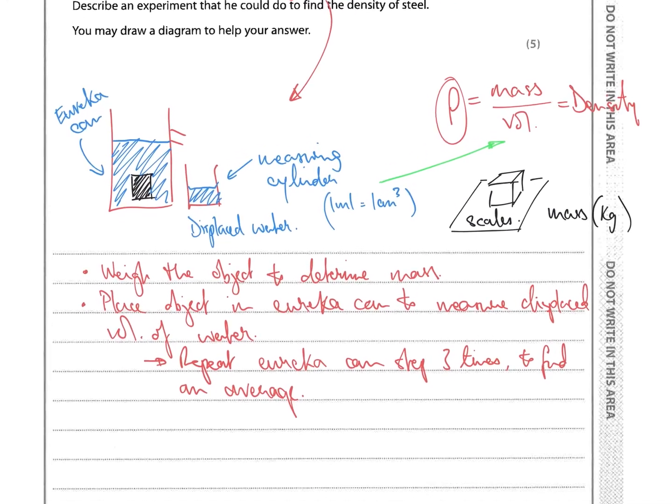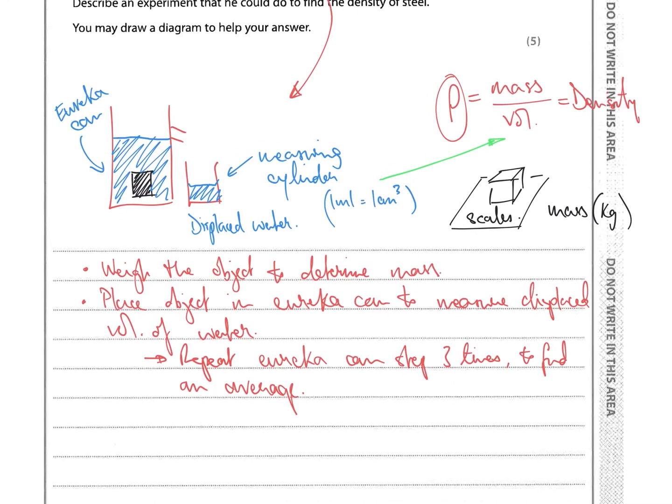We'd probably need to say that we'd want a measuring cylinder with 1 milliliter scale, because then we can be more accurate as well.